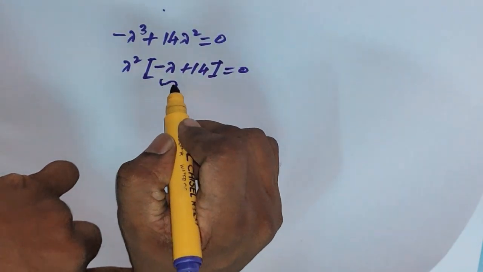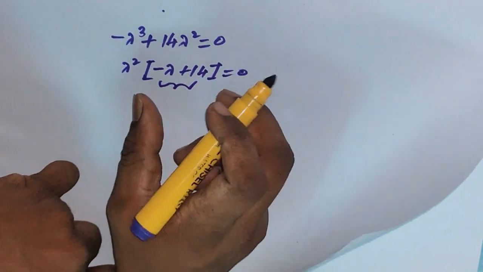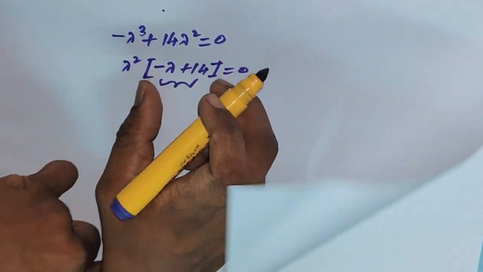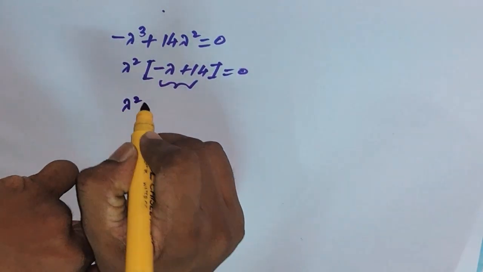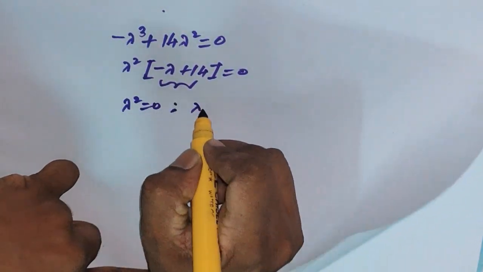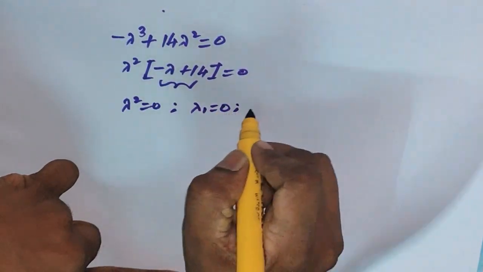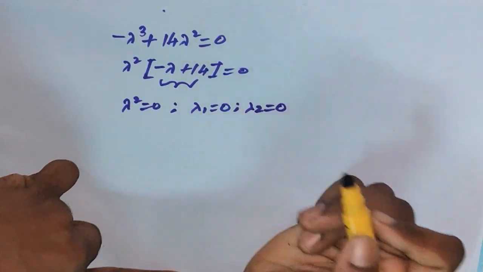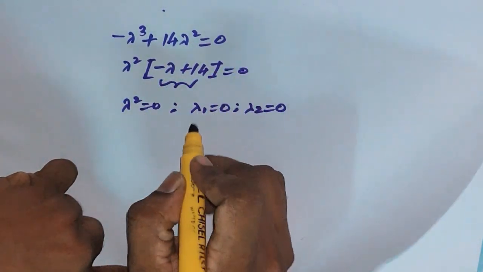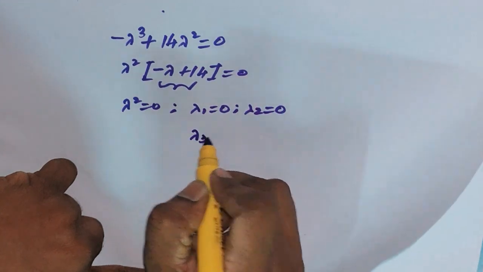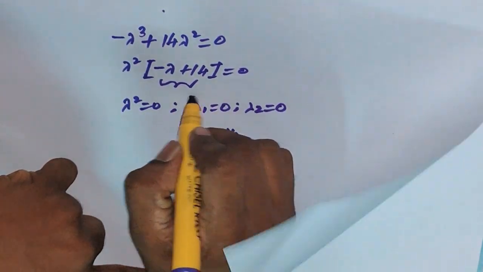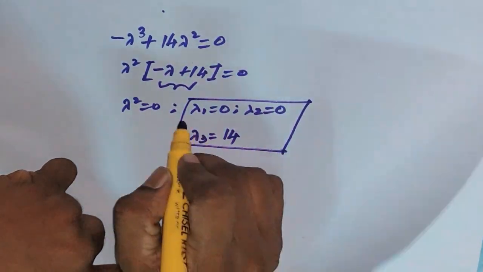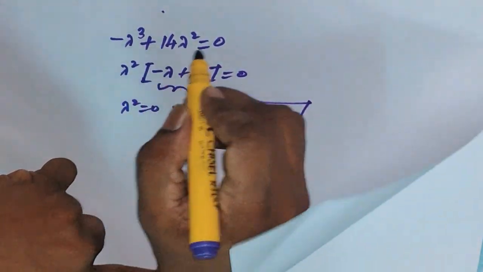Either lambda square goes to 0, which gives two eigenvalues, lambda 1 equal to 0 and lambda 2 equal to 0, or the bracket goes to 0, then lambda 3 is plus 14. These are the 3 roots of the cubic equation.